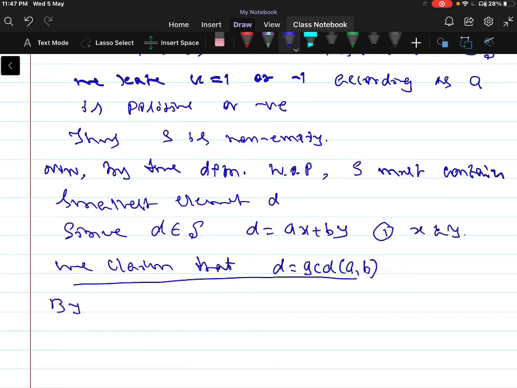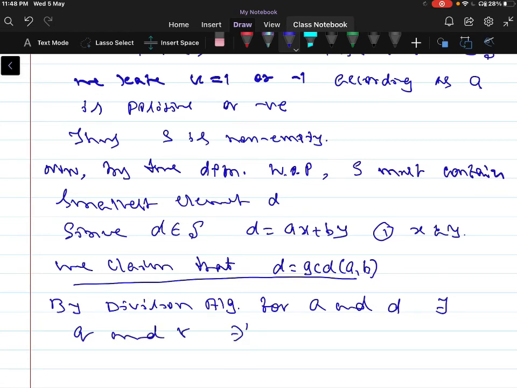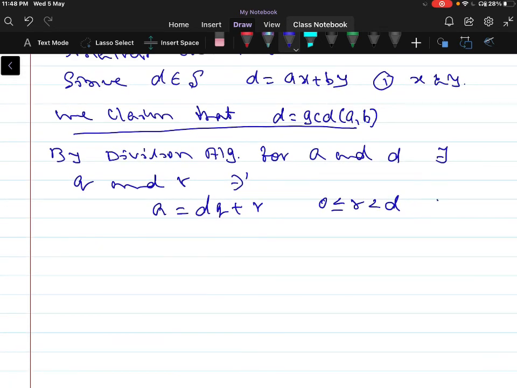Now by using the division algorithm for a and d, there exist unique integers q and r such that a is equal to d into q plus r, 0 less than or equal to r less than d, that is equation 2.